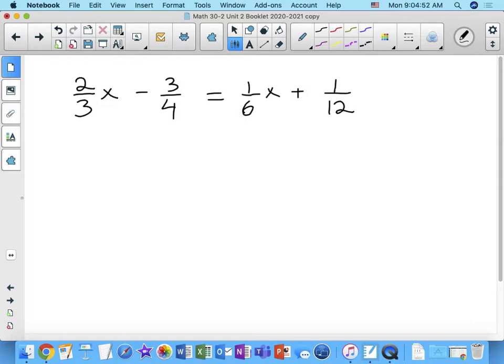So we talked about collecting our variable terms on one side of the equal sign and our numbers on the other side. Now in this case though, it's not so nice to deal with fractions. Because we're dealing with an equation, with equality, we have the luxury of being able to multiply the entire equation by something that would actually eliminate all of the denominators.